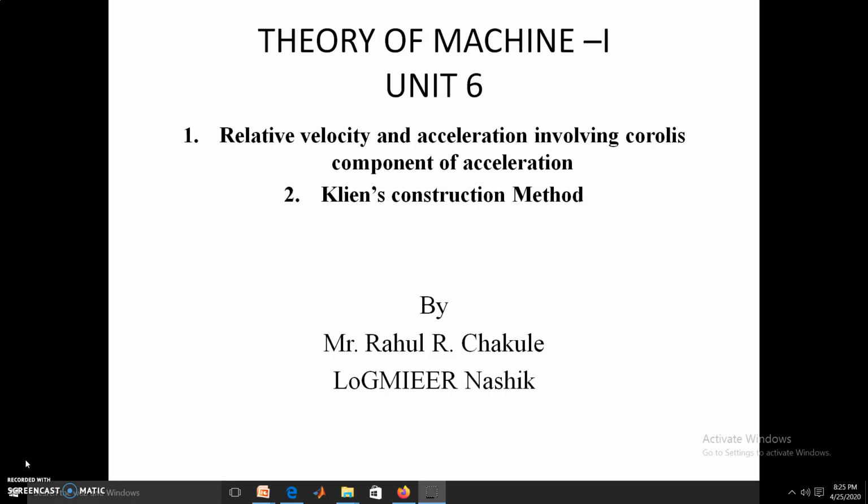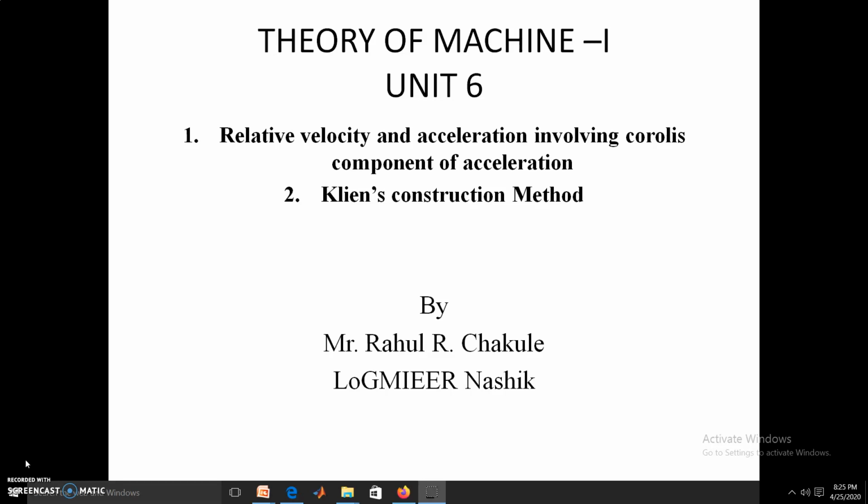This process of construction is given by Kliens, so that's why the name of this method is the Kliens construction method. There are some formulae applicable to solve the unknown by the Kliens construction method that we have summarized earlier.